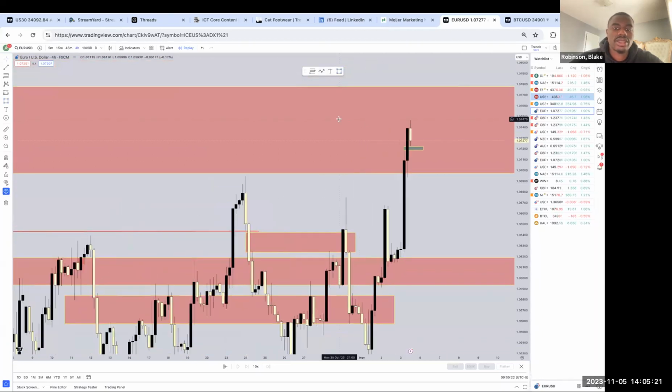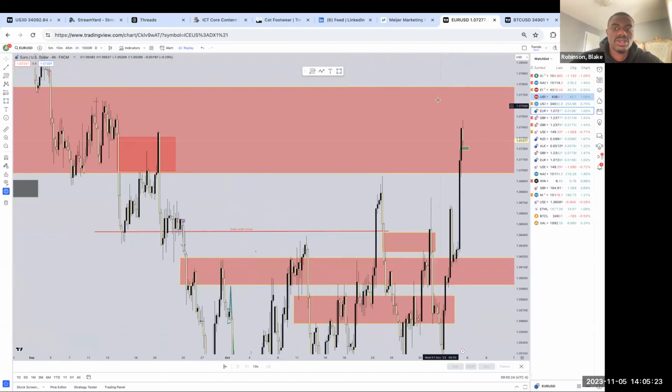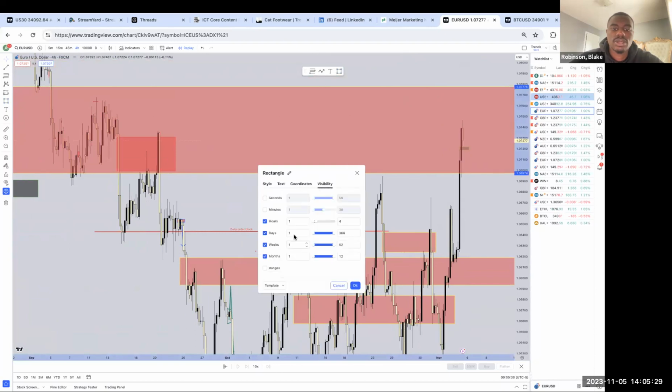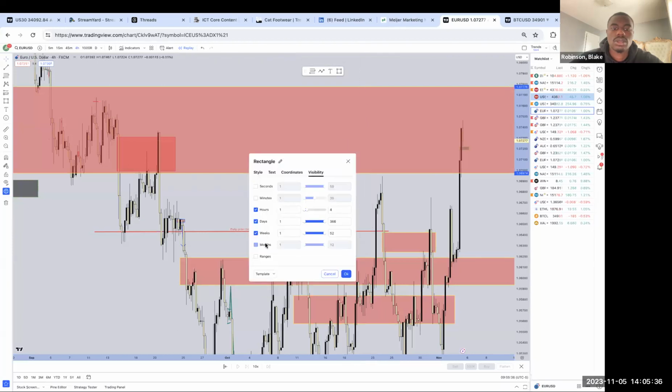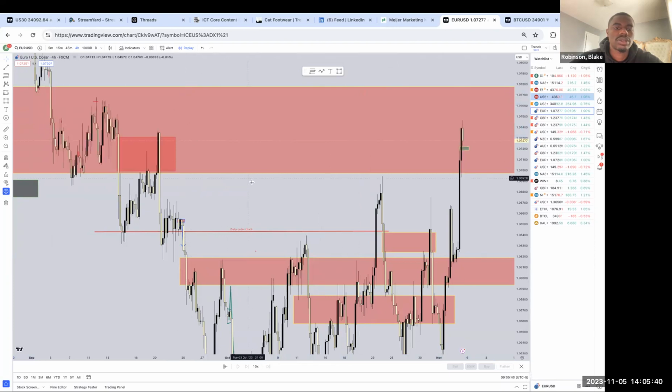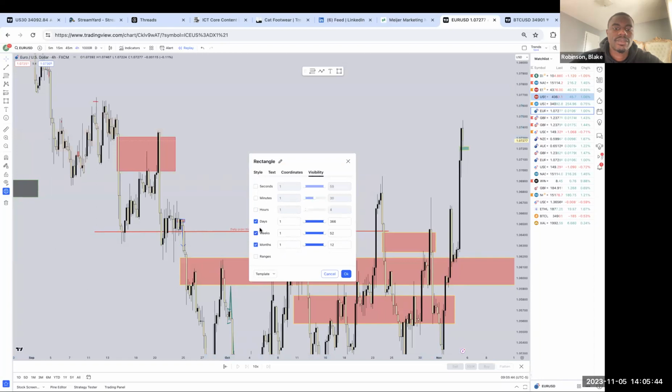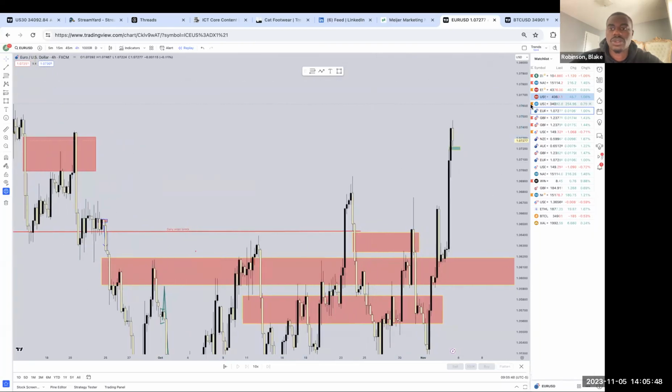So we're sitting inside this fair value gap, obviously, this big monthly fair value gap, this entire red shaded area. So we know the whole zone we're sitting in right now is just a huge monthly fair value gap.